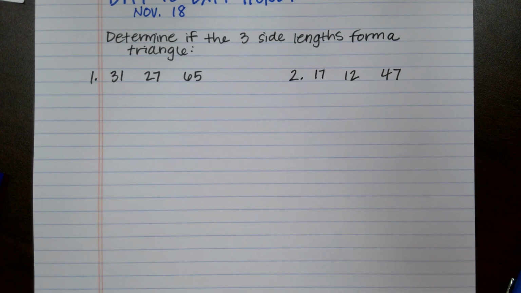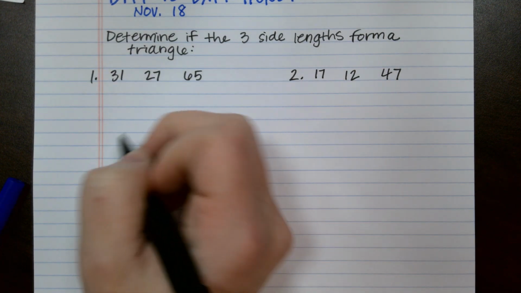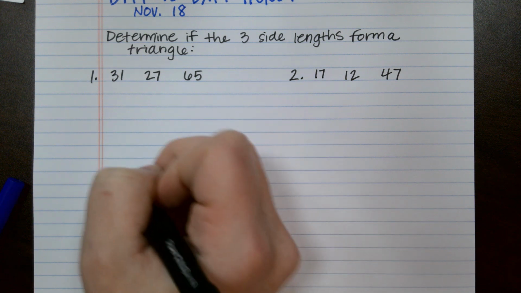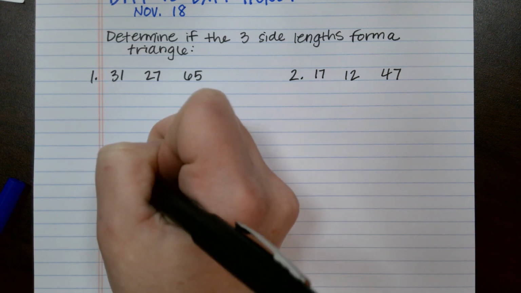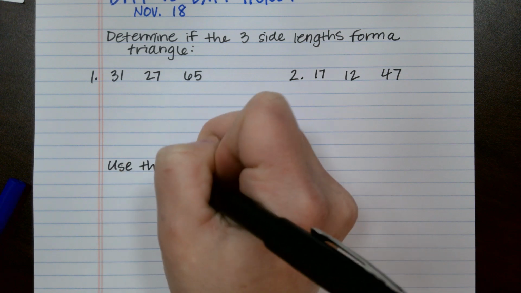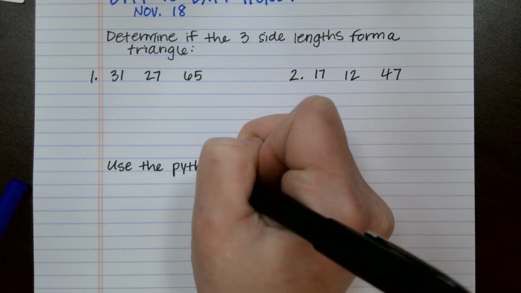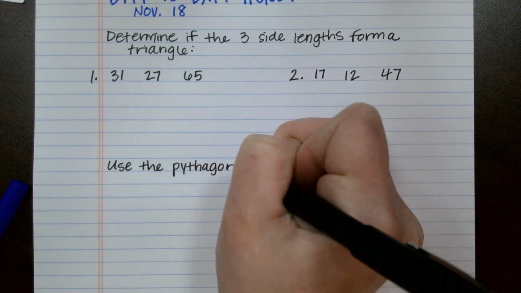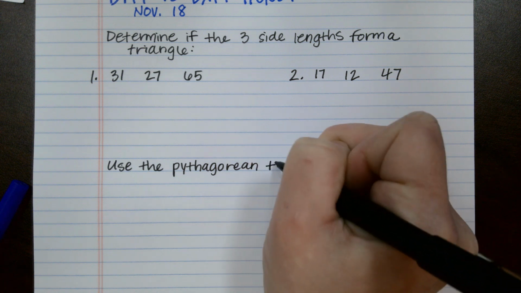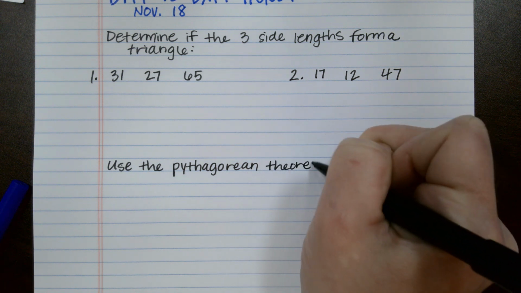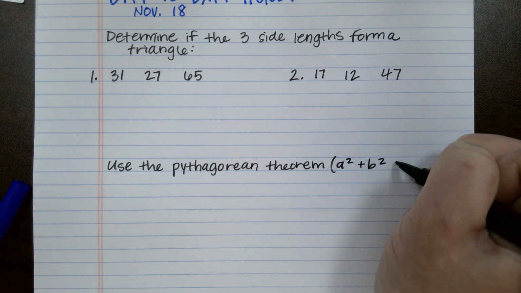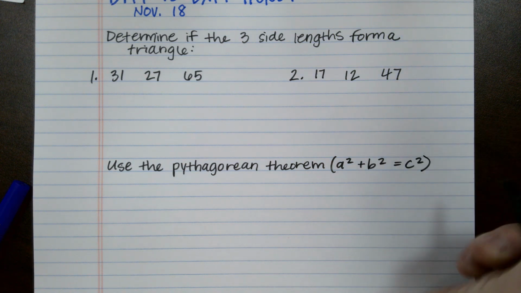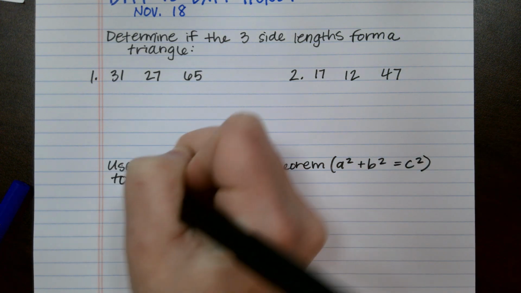Then we're going to use the Pythagorean theorem, or a squared plus b squared is c squared, for the next one. I'll just give you one of those. So use the Pythagorean theorem to determine the missing side length.